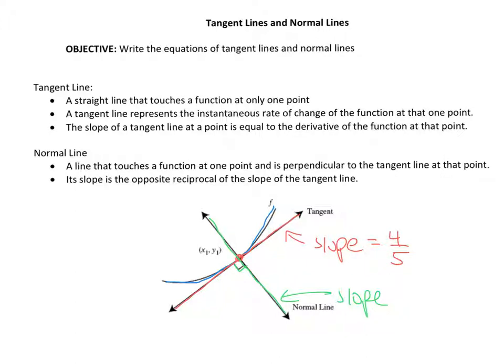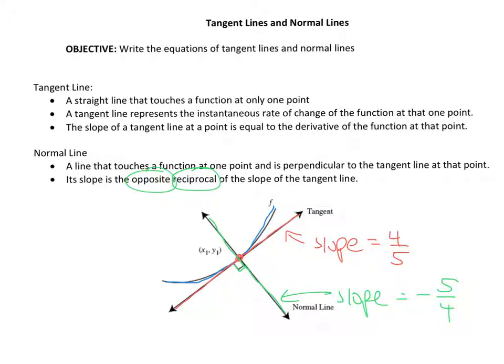So it would be the opposite reciprocal. Now remember, opposite means you change the sign. So if the first slope was positive, the next one's going to be negative, or negative to positive. And then reciprocal means you flip the fraction. So the slope of the normal line would be -5/4. So I made it positive to negative and I flipped the fraction. That's the reciprocal part.